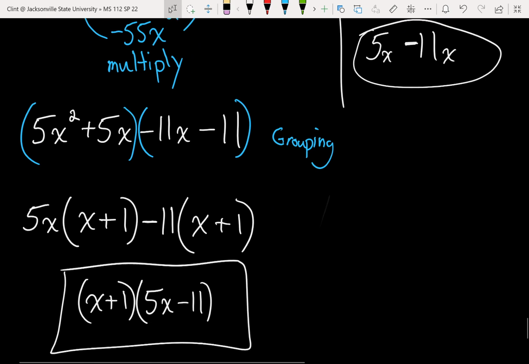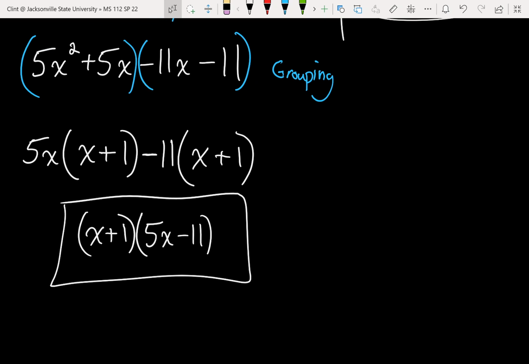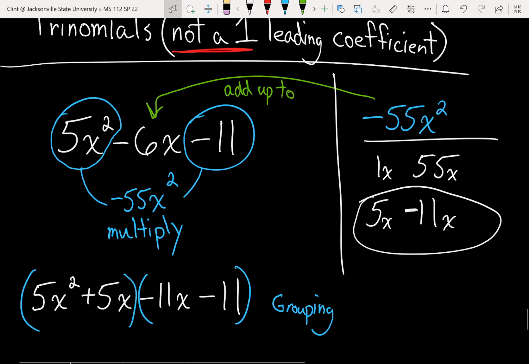Some people use what you might call the guess and check method. So they would look at our original polynomial and say, well, I know my first terms have to be factors of 5. This one's not too bad because it's just 1 and 5 is all you have to choose from.